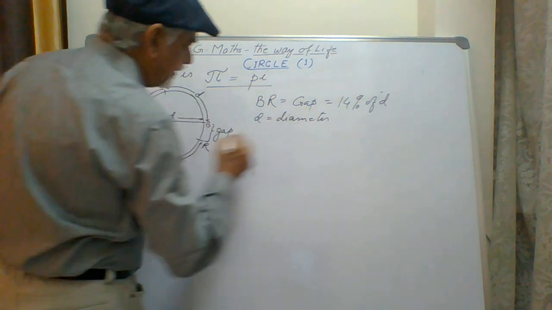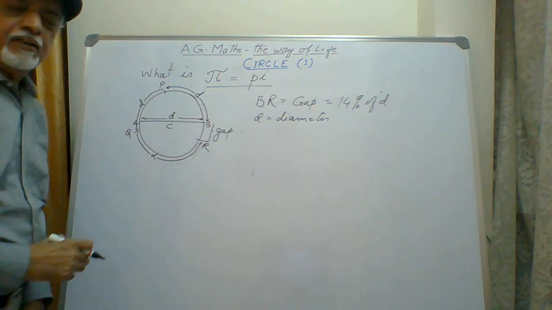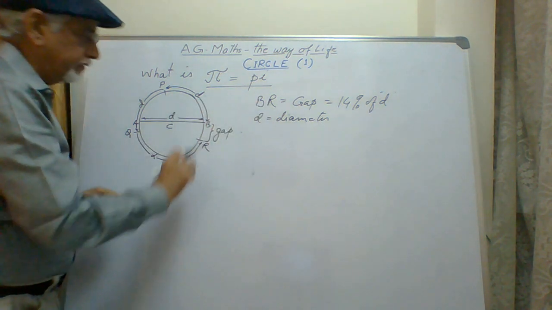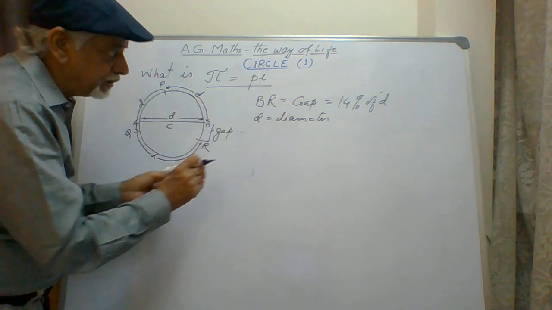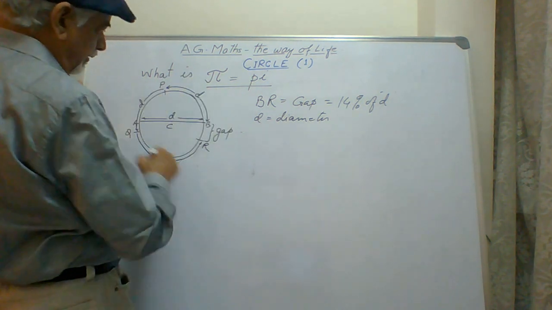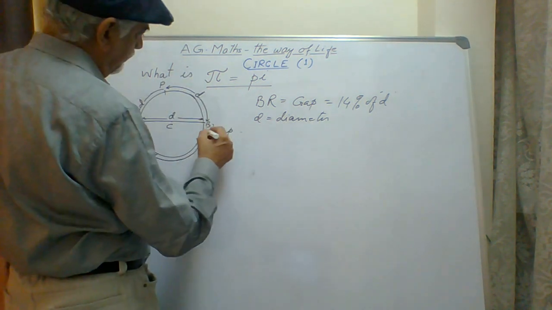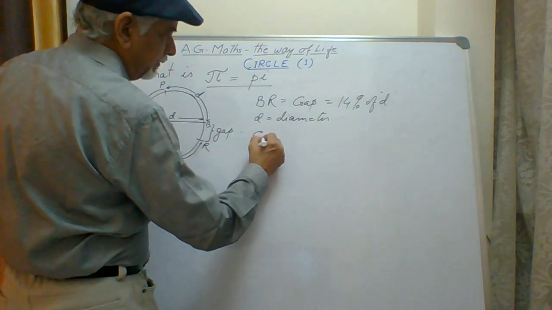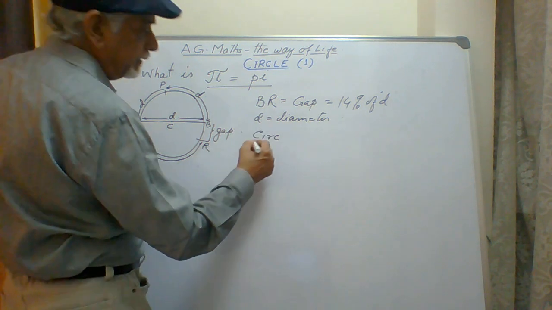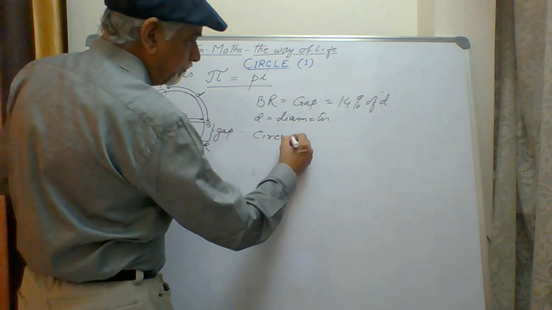In each and every circle, they experimented and found the same thing happens. The gap left over is always equal to 14% of D. Then the whole length of the fence of the circle is called the circumference.